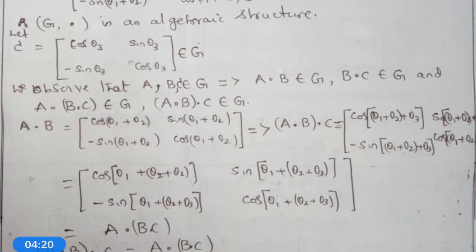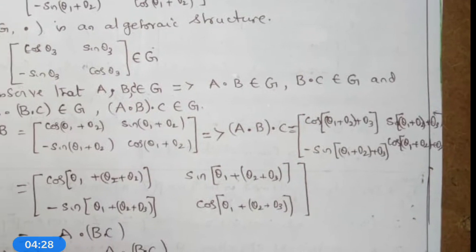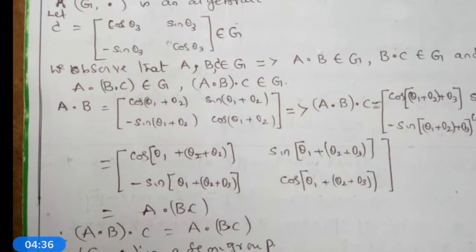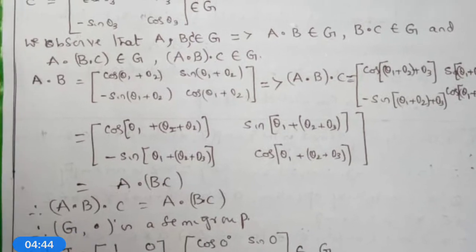Now we observe that A, B belongs to G implies A dot B belongs to G, and B dot C belongs to G. Therefore A dot B dot C belongs to G and A dot B dot C also belongs to G.